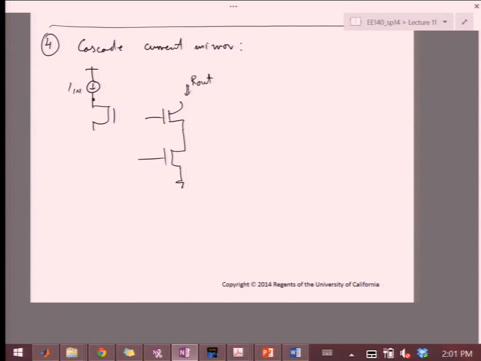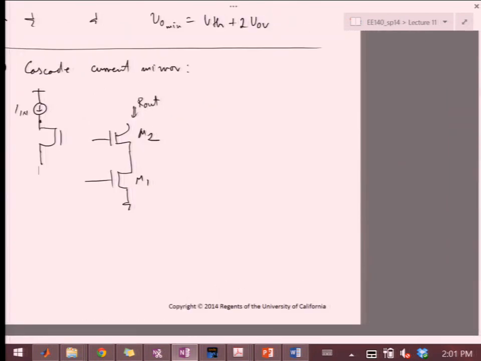And so indeed, you can use that concept also here to create a current source that has the same kind of output impedance. So we're going to say this is M1, this is M2, and then I just need the biasing for this cascode, right? The way I'm going to do the biasing is simple, just provide VGS from diode-connected devices.